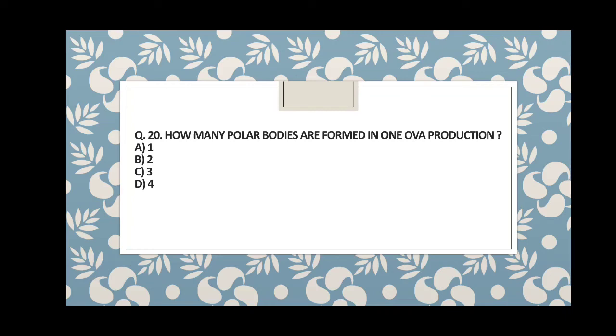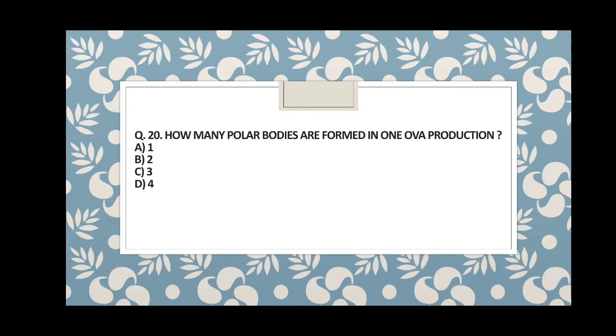So guys, the correct answer is 3, because remember, when the first polar body is formed against the secondary oocyte, that oocyte is in meiosis 1. After meiosis 2, that first polar body is converted into two polar bodies, and then the total number of polar bodies formed is 3.